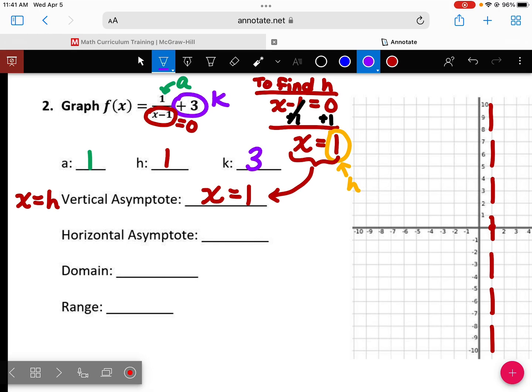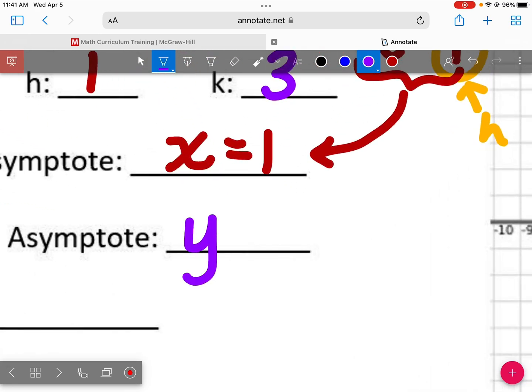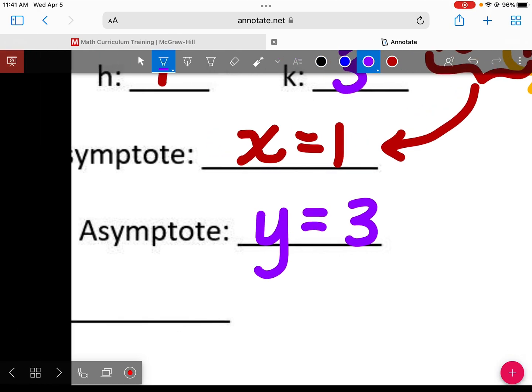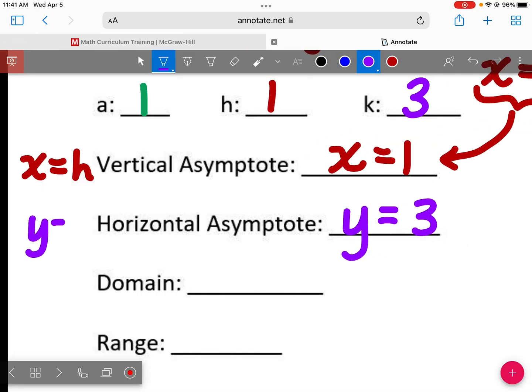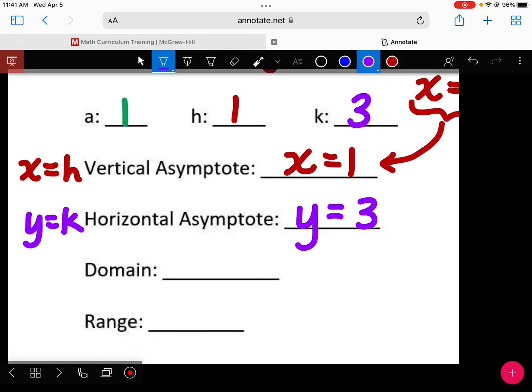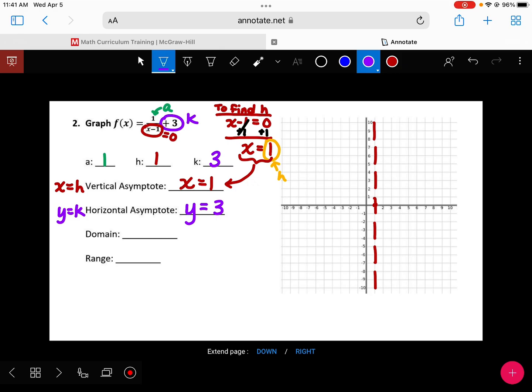So I've got my vertical asymptote. I still need the horizontal asymptote. y equals 3. It's going to be y equals k. This equation tells me where to go on my graph. Which axis do I go to?